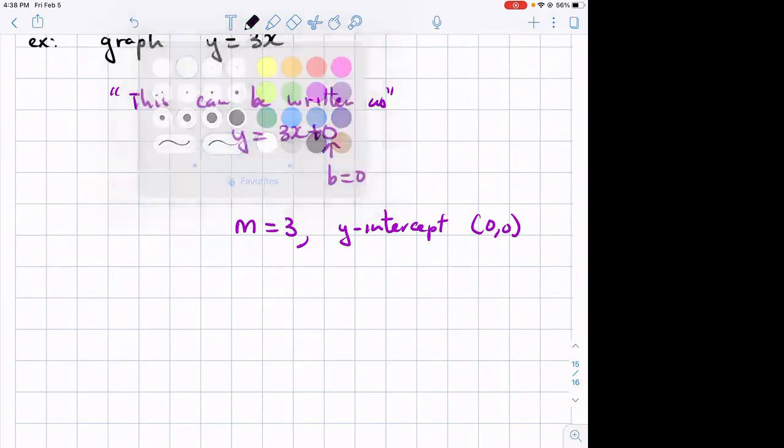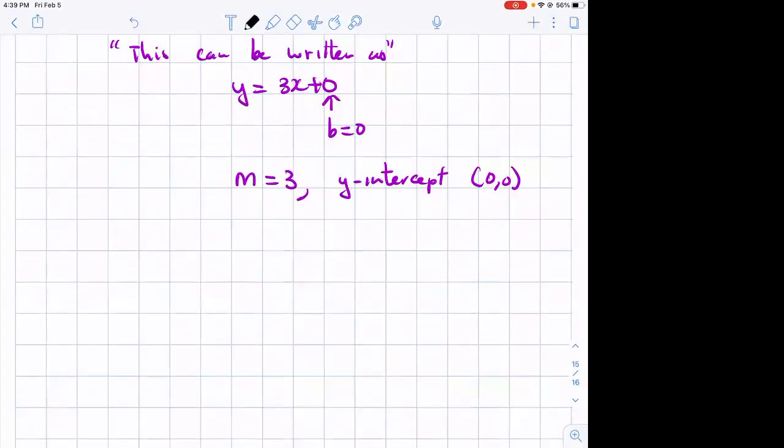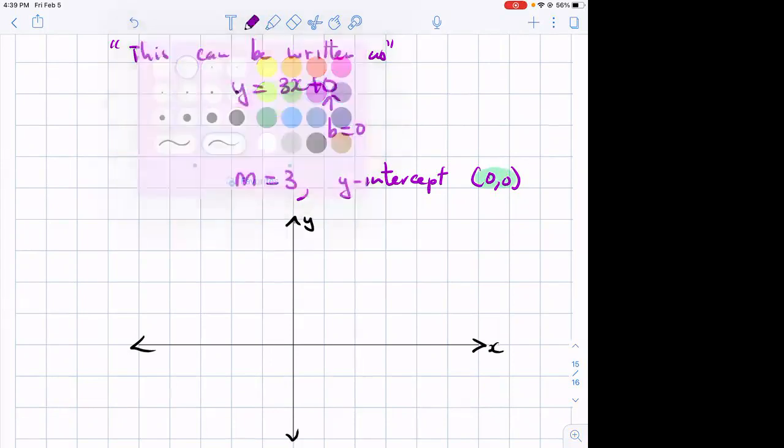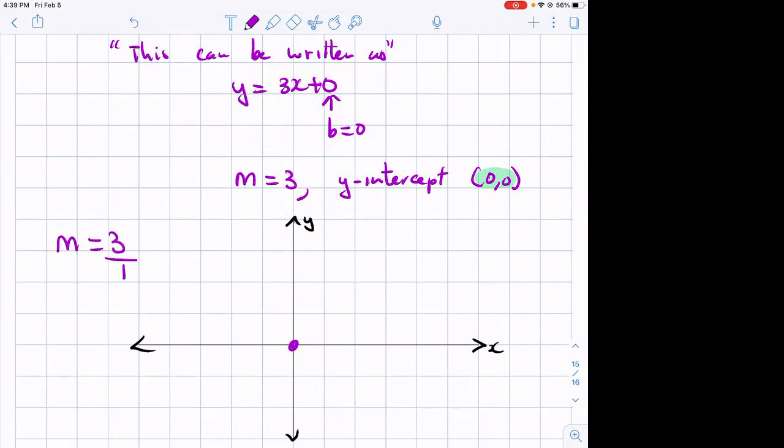So if we know this, we can graph our line using the slope-intercept method that I just showed you, because we have this point here. And I will use m, right? M is equal to 3 over 1. So this is the rise, and this is the run. So from this point, I will go 3 units up, 1, 2, 3, and 1 unit to the right.